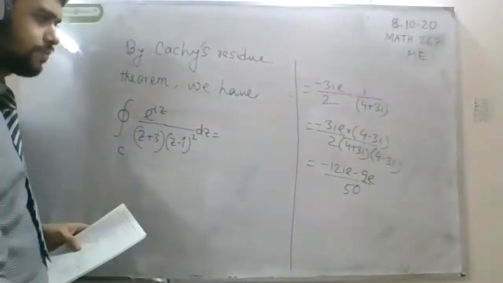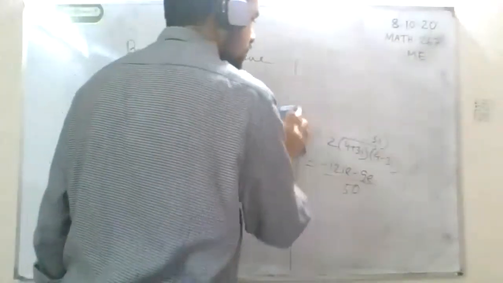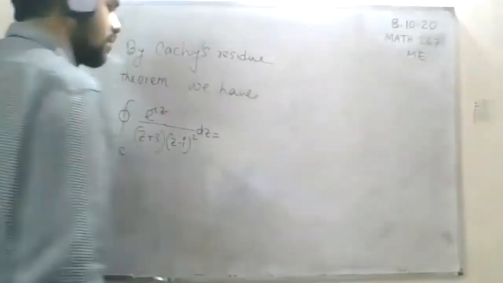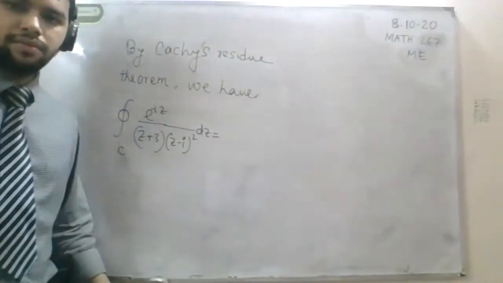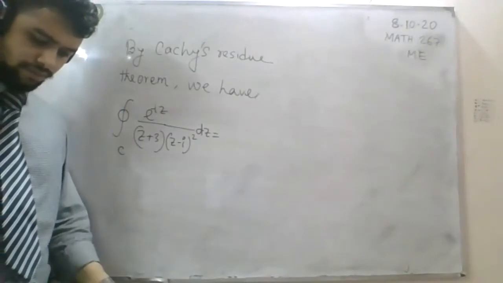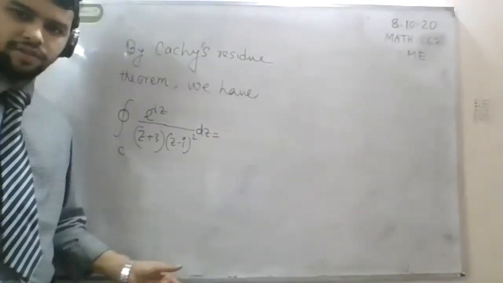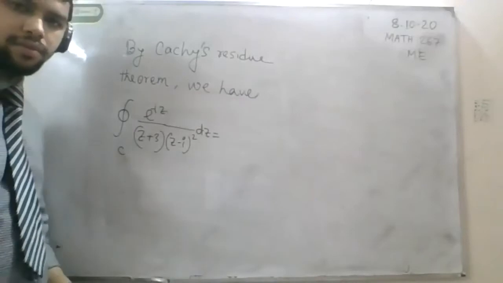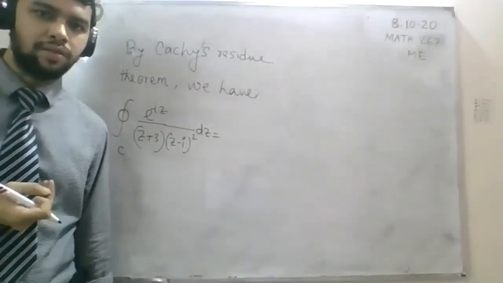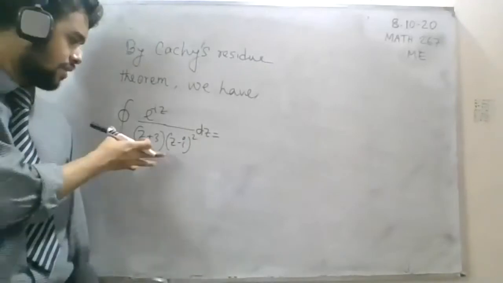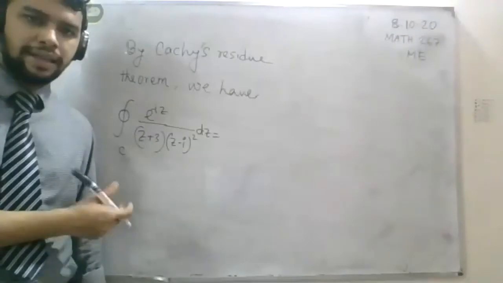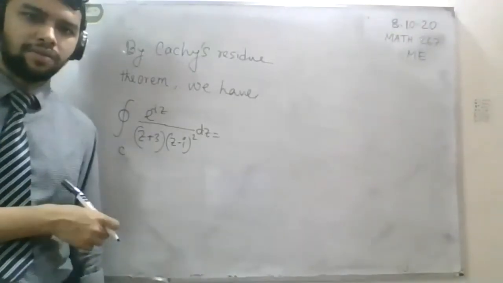Okay, for multiple points you already knew the Cauchy residue formula is the integration of a given function equals 2 pi i into the sum of the residues.